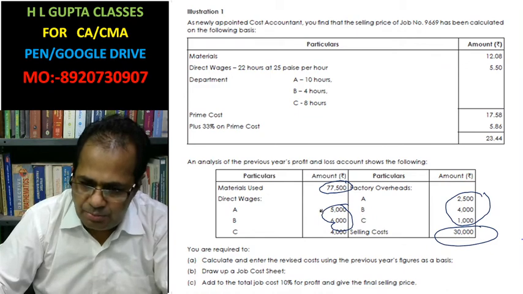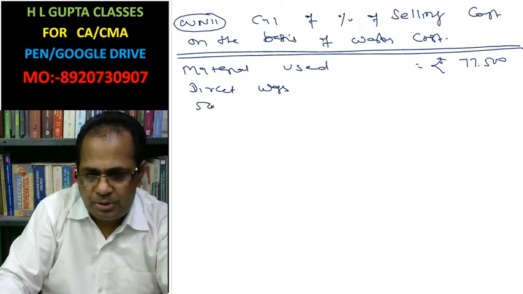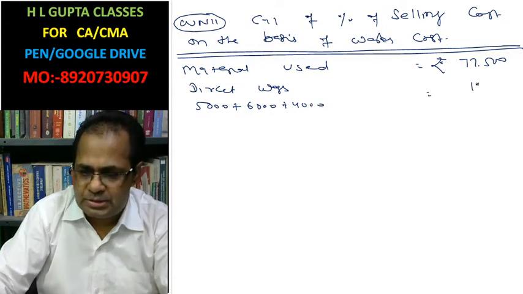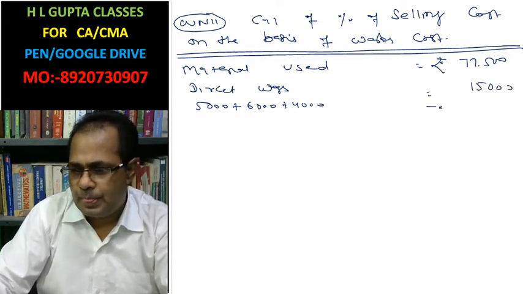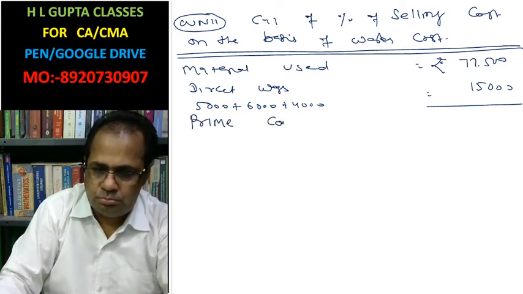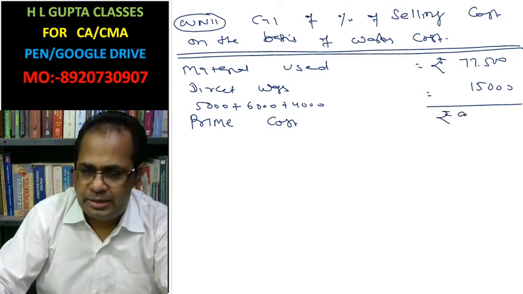In this case 5,000 plus 6,000 plus 4,000. This is 15,000. Prime cost is 92,500.